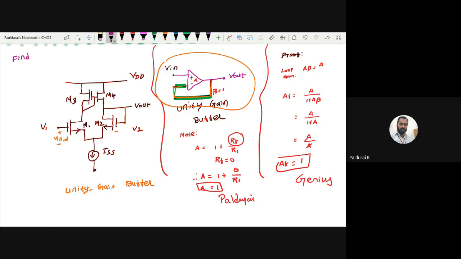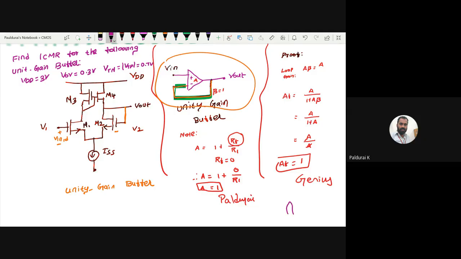You must have seen it in the news, nowadays people talk a lot about ICMR. I am not talking about that ICMR. Okay, input common mode range. So find ICMR for the following unity gain buffer. The specifications are: take VDD 3 volt, overdrive voltage for all transistors 0.3 volt, threshold voltage for NMOS as well as PMOS, VTN equals mod of VTP equals 0.7 volt. You want to find the ICMR, input common mode range.